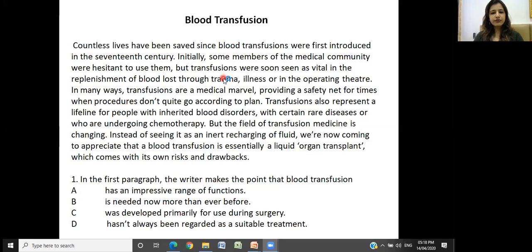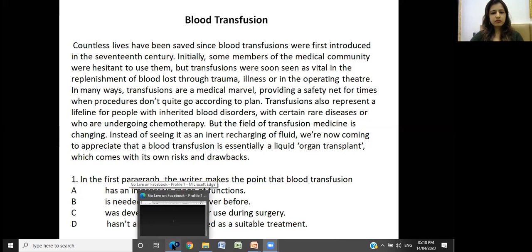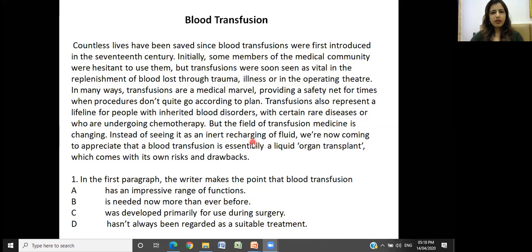How do I identify a topic sentence from the paragraph? What are the characteristics which would help me understand that, yeah, this sentence is the topic sentence?